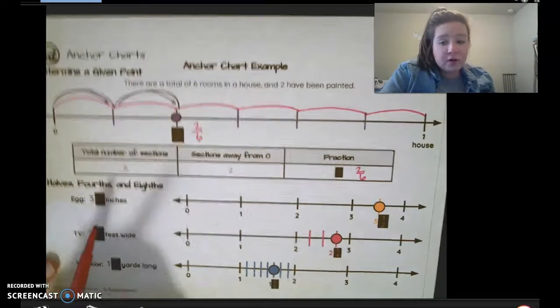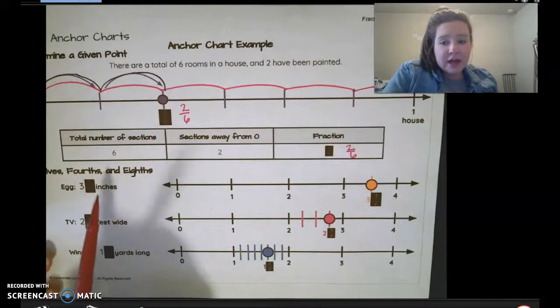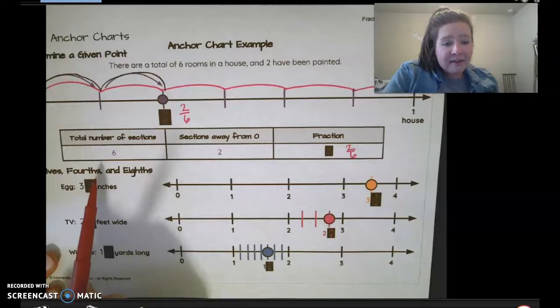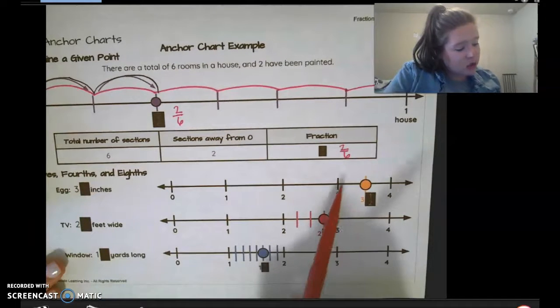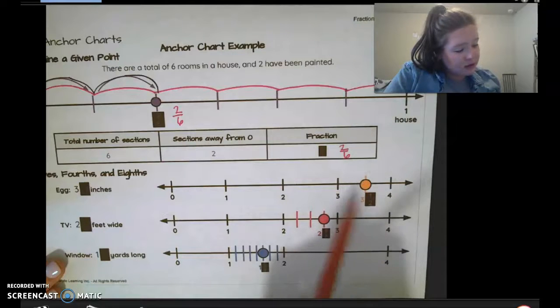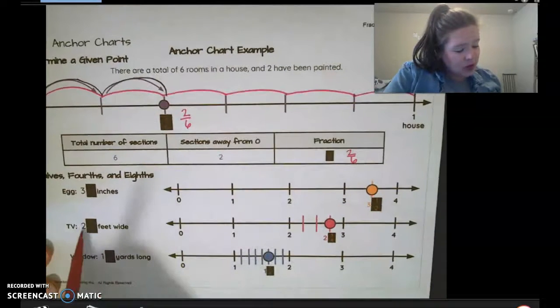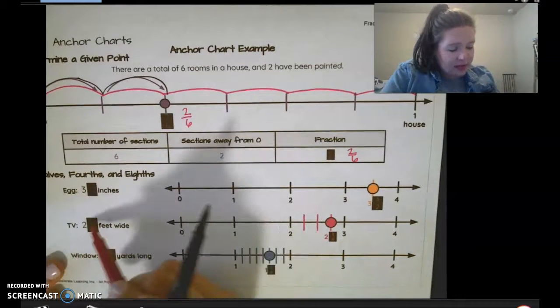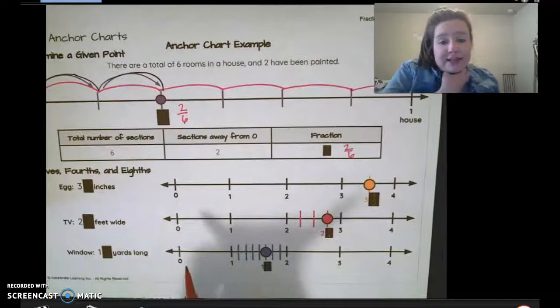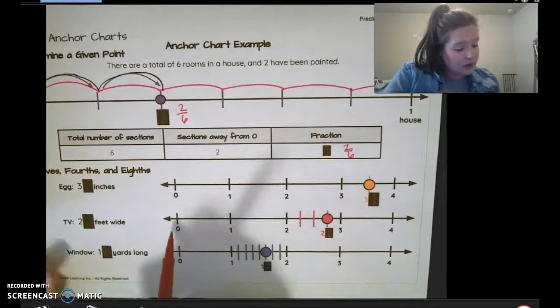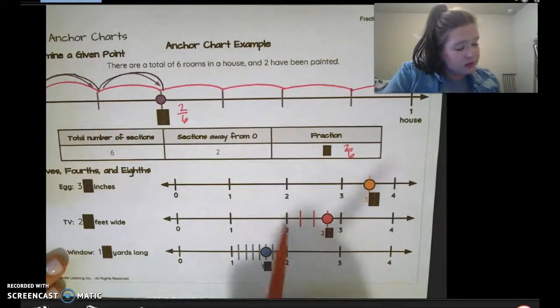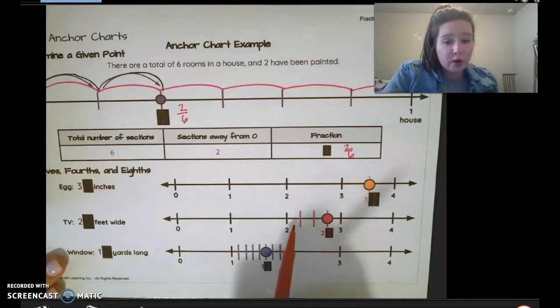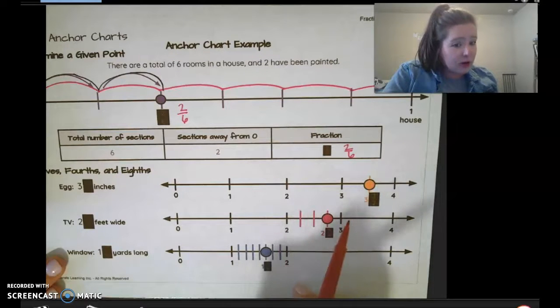Now, halves, fourths, and eighths. I want us to look at this. 3.5 inches is going to be between 3 and 4, and it's going to be halfway, so 3.5. 2 3/4. I don't know why these did not come out, but they did not when I printed them. All right? 2 3/4 is going to be between 2, that is your whole number, and 3.